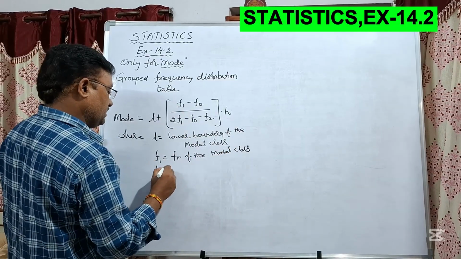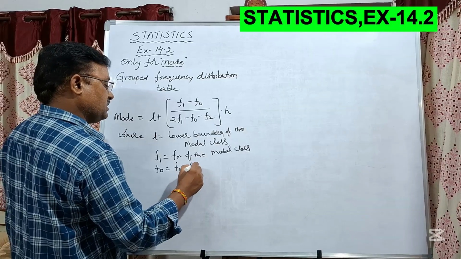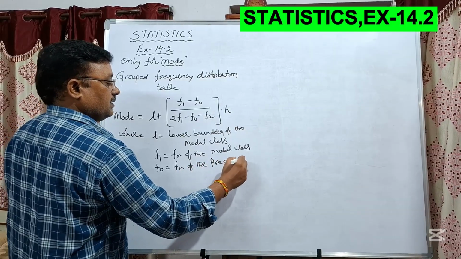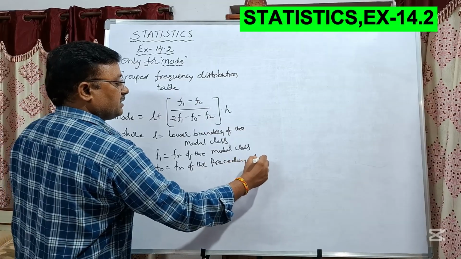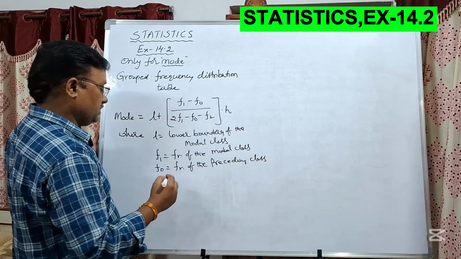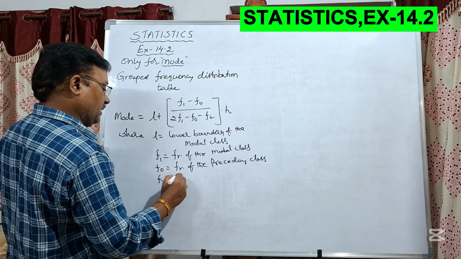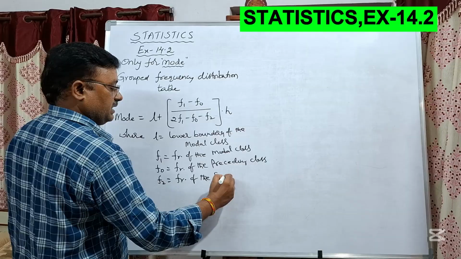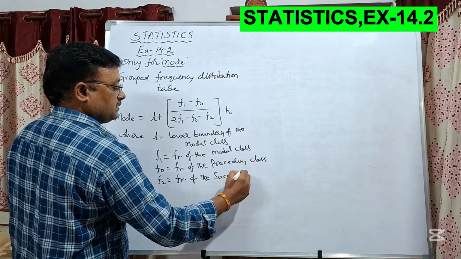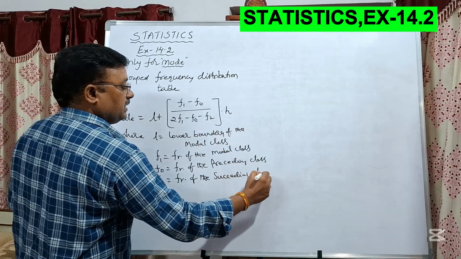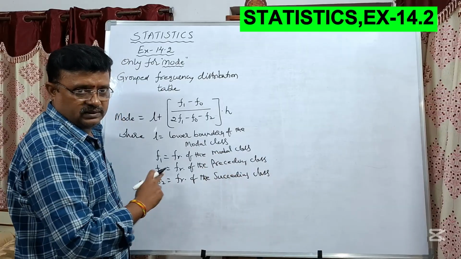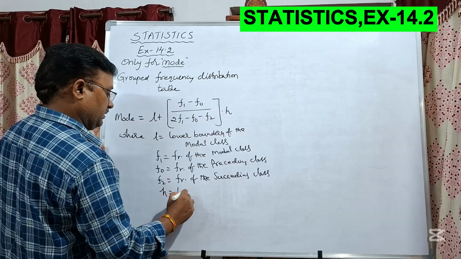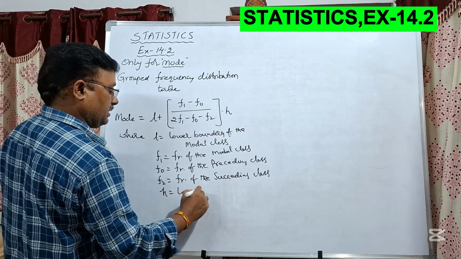Next, f0 is equal to the frequency of the preceding class of the modal class. Understood? Next, f2 is equal to the frequency of the succeeding class of the modal class. Got it? Next, h is equal to the length of the class interval or class size.